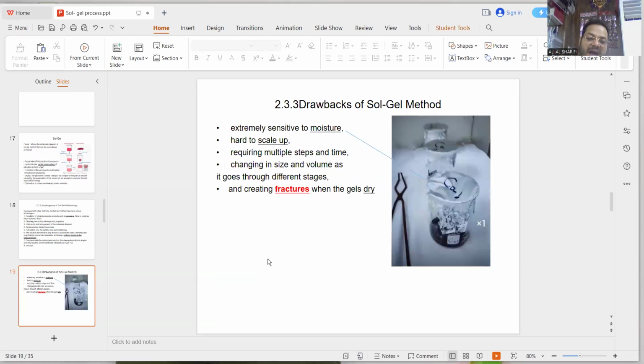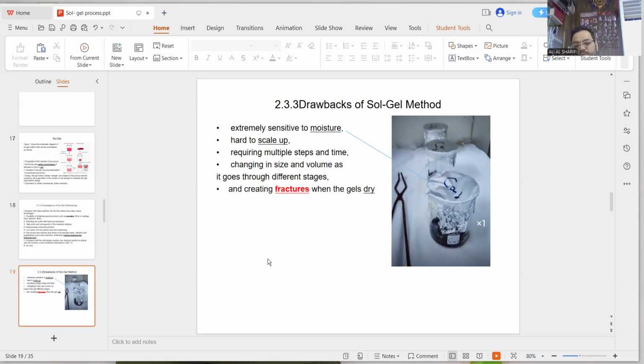But any method in our life has drawbacks, or we can say disadvantages. Extremely sensitive to moisture, because of that I use the nylon foil film. Hard to scale up, time consuming because it requires multiple steps, changing in size and volume as it goes through different stages.